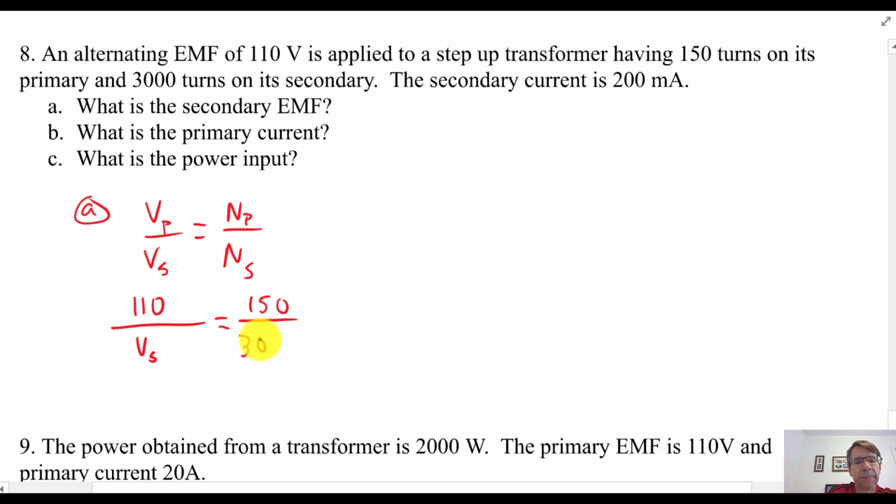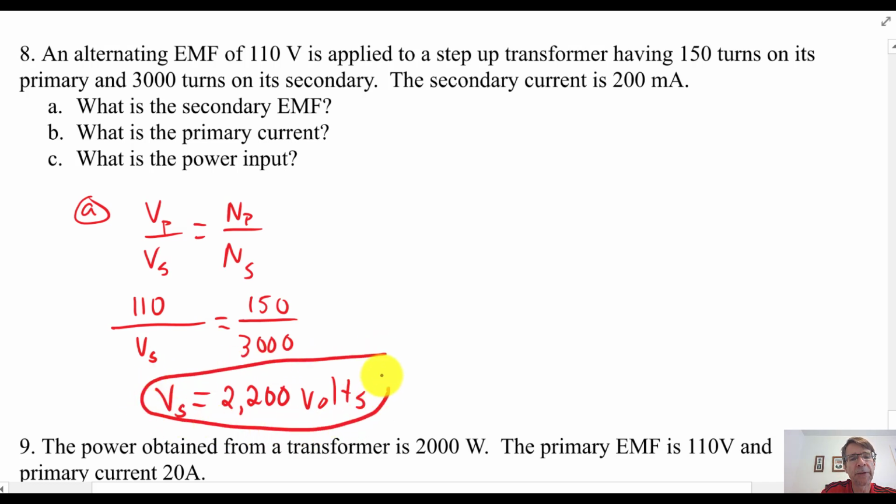It still would have worked, but I want to be consistent with my equation here. 150 over 3,000 equals 110 over V sub S. Input, primary turns 150, secondary turns 3,000. Voltage in primary, voltage in secondary. So if you cross multiply there, you get 150 V sub S equals 110 times 3,000. If you do all the cross multiplication and solve that, you end up with V sub S, the voltage in the secondary, is 2,200 volts.